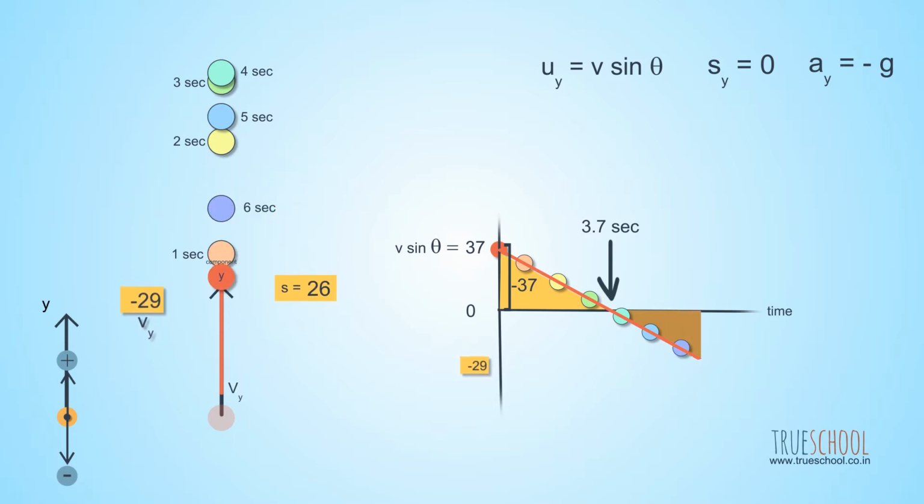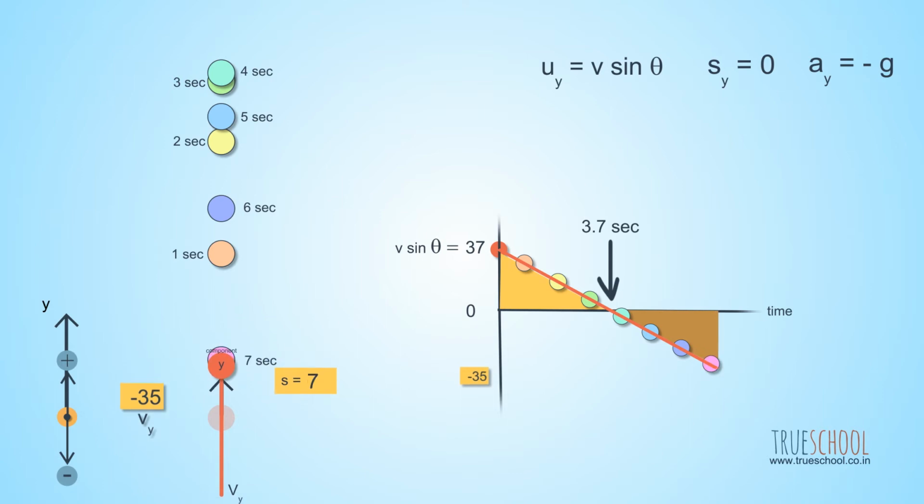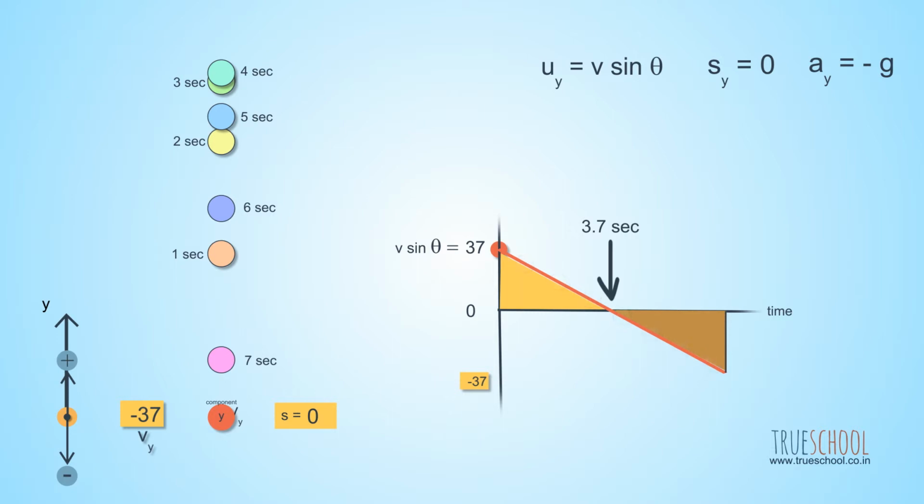Now, as you said, the ball is coming back to its original position, hence the net displacement is 0. This information tells us the area of this triangle should be the same as this with opposite sign, thus cancelling each other. This again leads us to think that this point lies perfectly in the middle of the whole flight.